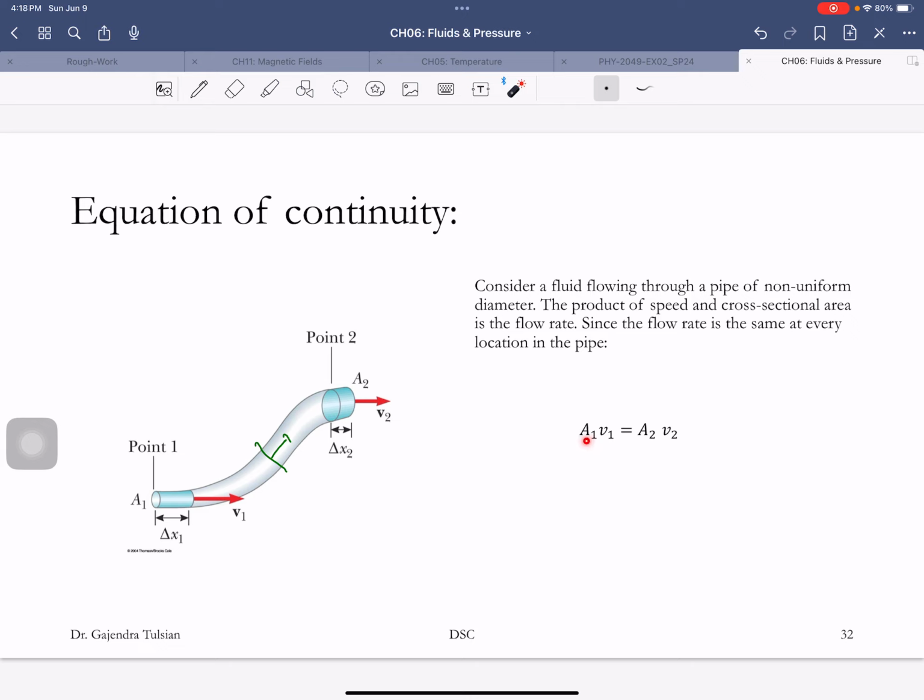The flow rate is given by the area of cross section of the pipe times the speed at that point, and this is constant. So lower the area of cross section, faster the fluid flows. So the fluid is flowing much faster here, and here the area of cross section is larger and it's flowing slower.